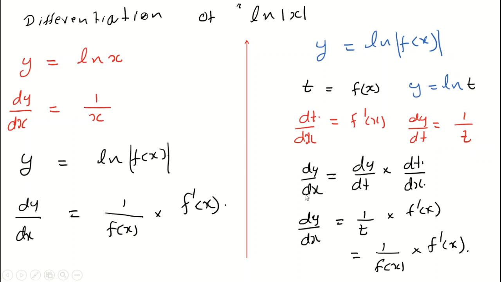So dy over dx is equal to dy over dt into dt over dx. 1 over t into f dash x. So 1 over t, that is f(x), means 1 over f(x) into f dash x.